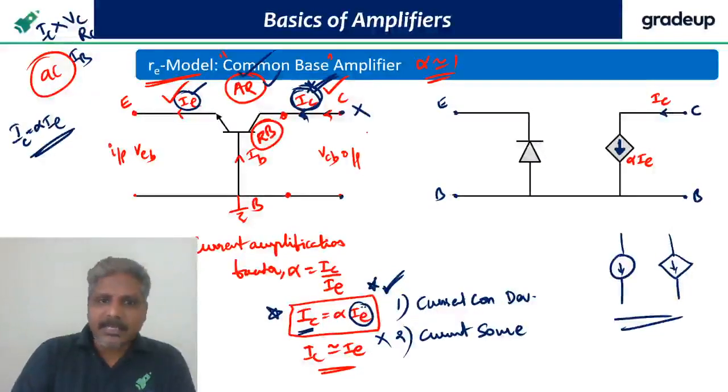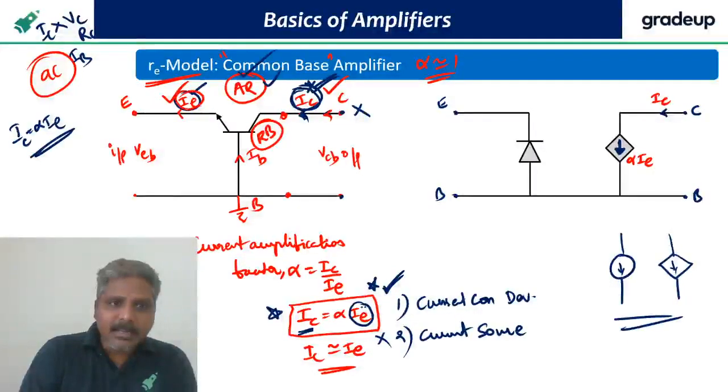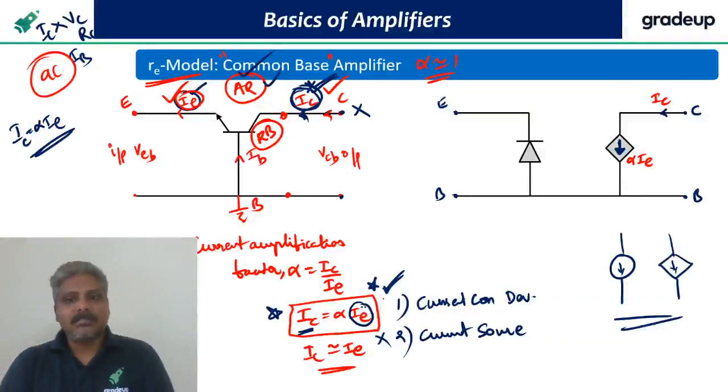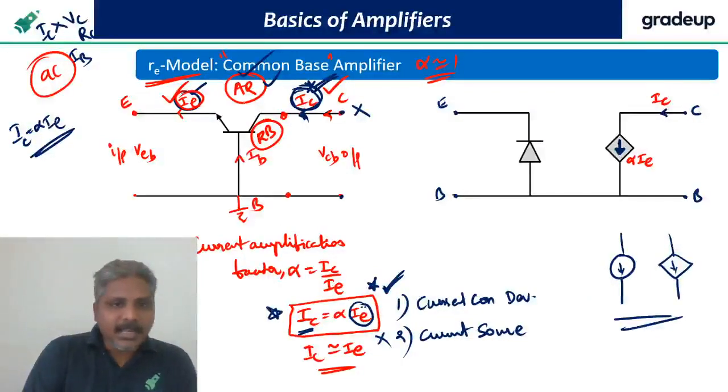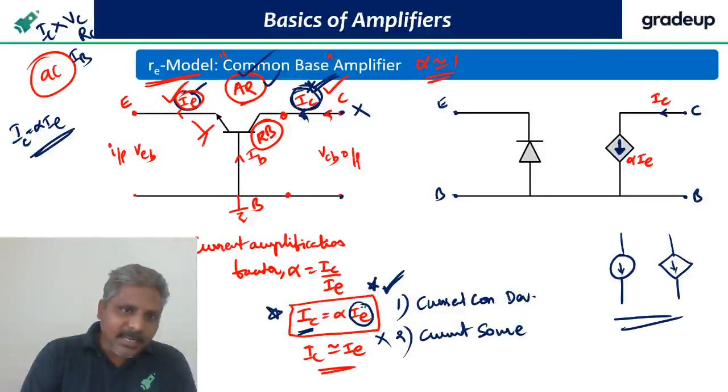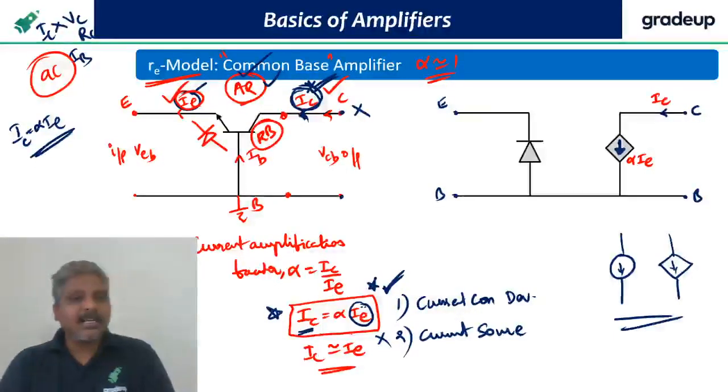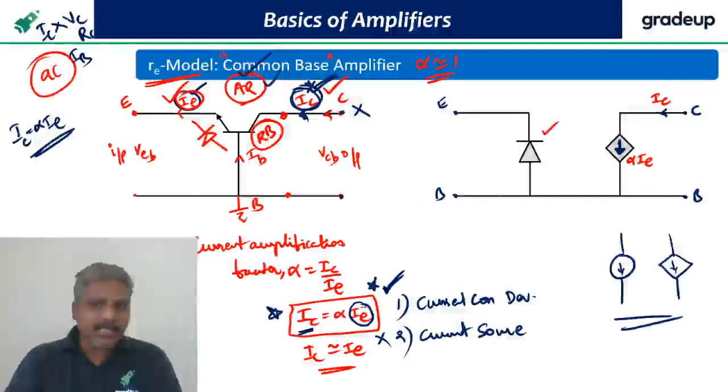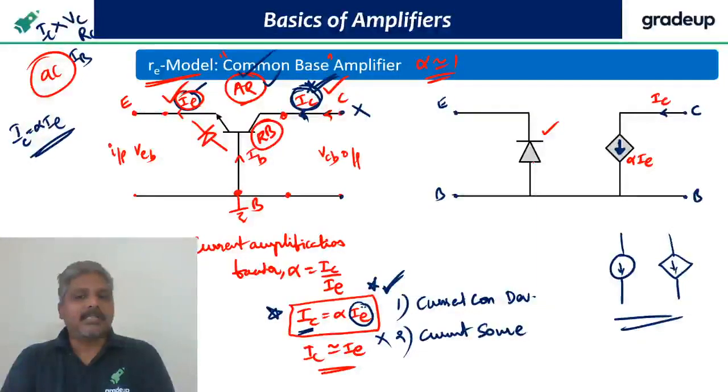Fine, sir. This current depends on emitter current, but what does emitter current depend on? If you see, the transistor is in active region, that means this junction is like a diode. That's why I have shown it as a diode. You see, from base to emitter, it is like a diode. It is forward bias.